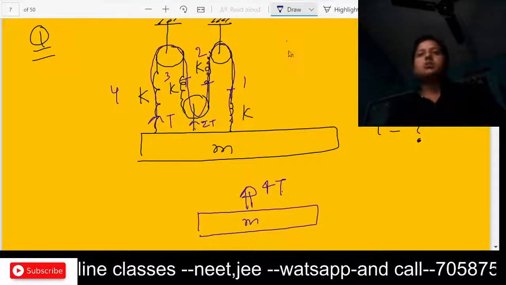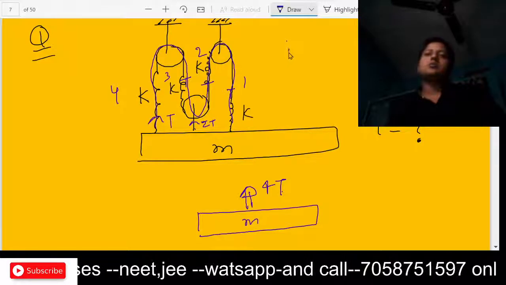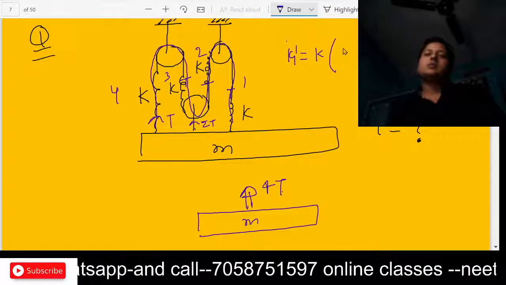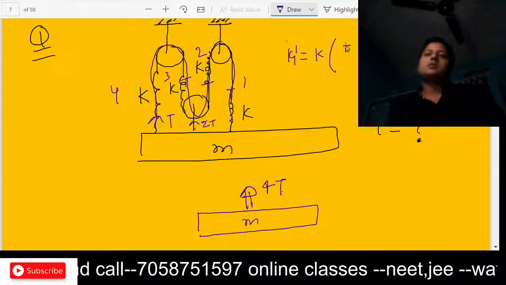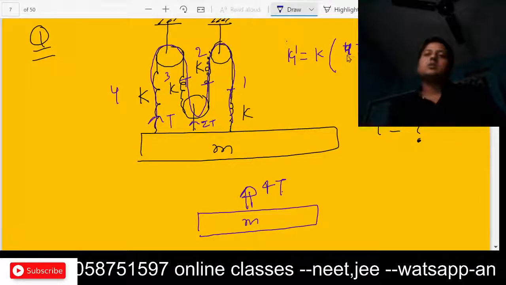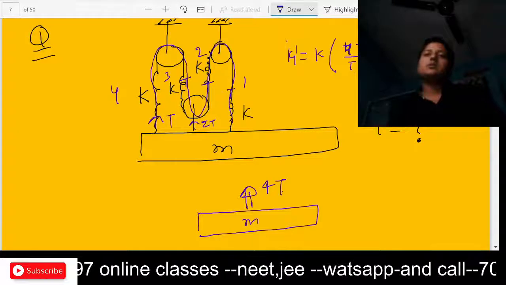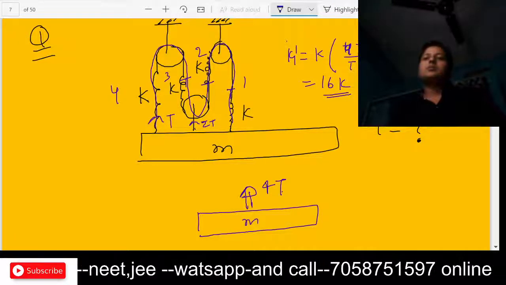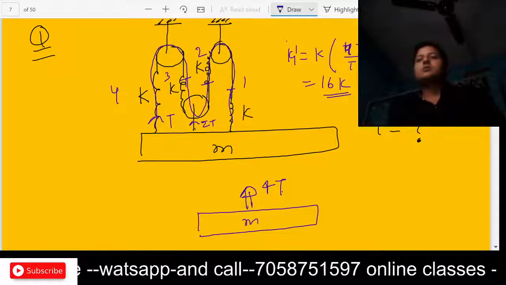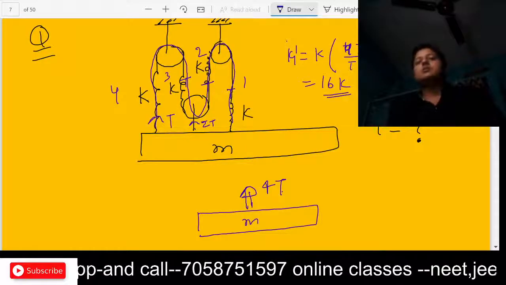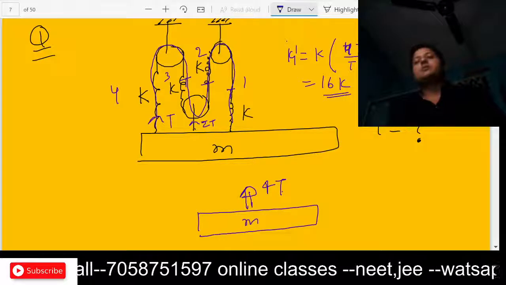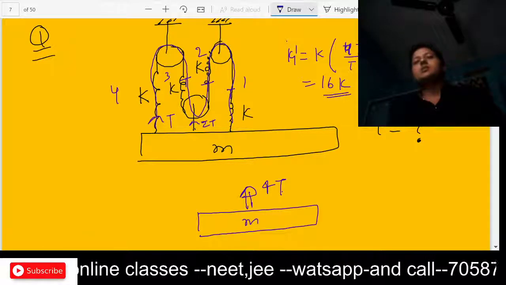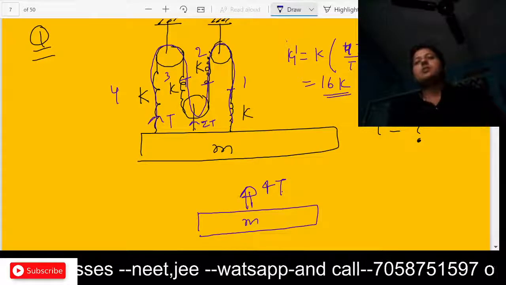So what is K1 dash? K1 dash is K times (tension in mass over tension in a spring) whole square, that is K times 4T over T whole square, which means 16K. What is K2 dash? K2 dash is K times tension in mass over tension in a spring, whole square.